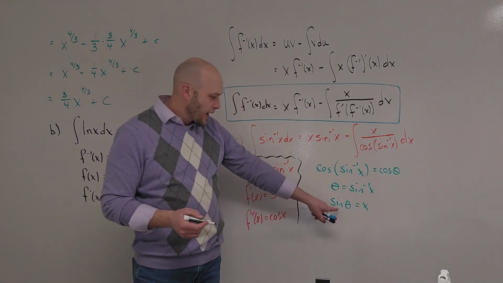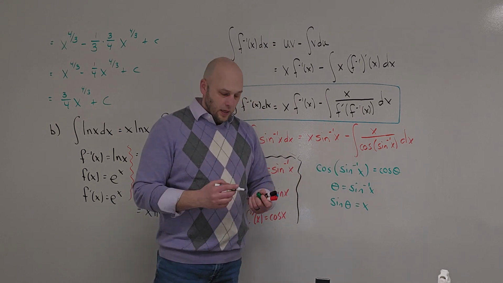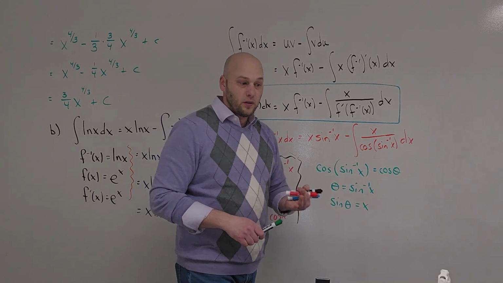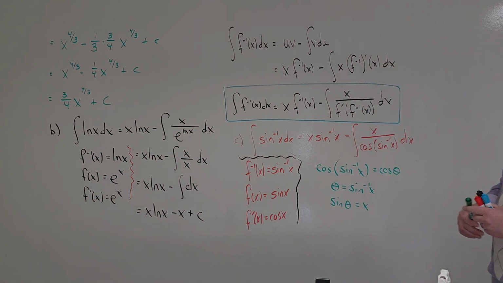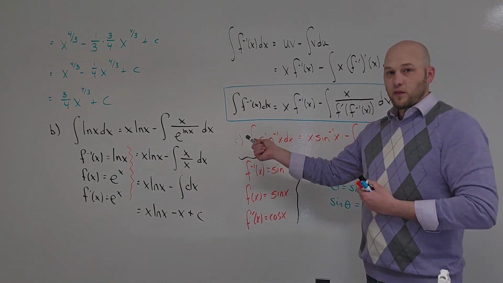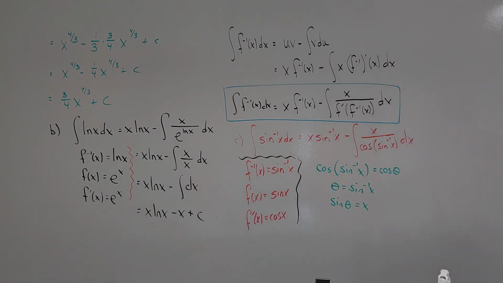Meaning I know sine of theta is x, and I want to use that to find cosine. There are a couple of different ways to do that. Two standard ways are to use a Pythagorean identity or to use a reference triangle. In the video for the derivative of an inverse function, I used a reference triangle. So for this one, I'll use a trig identity.